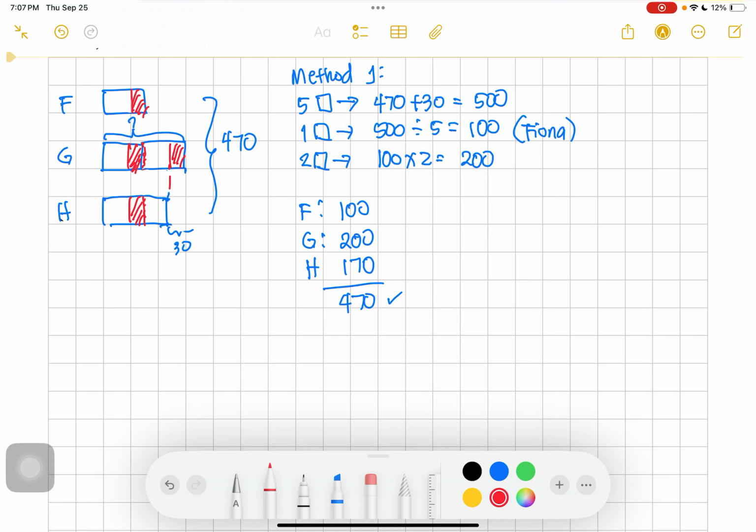If you will be using this method, you have to make sure that you are removing the correct number of extras to make the units equal. If you will imagine this being removed, it would be like this, removing those extras so we have equal units.